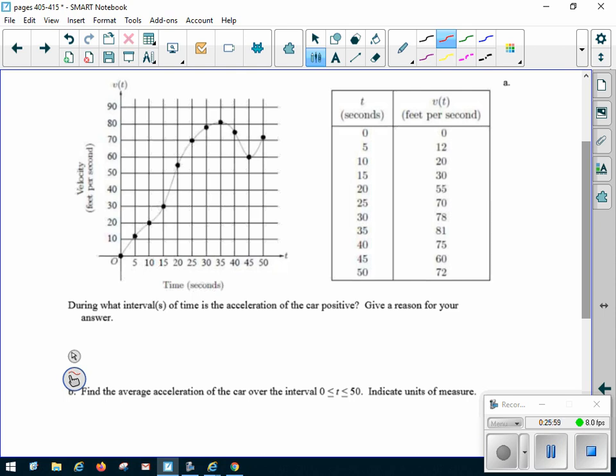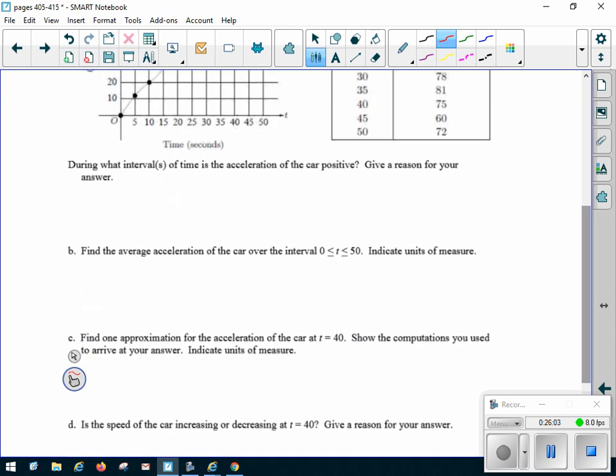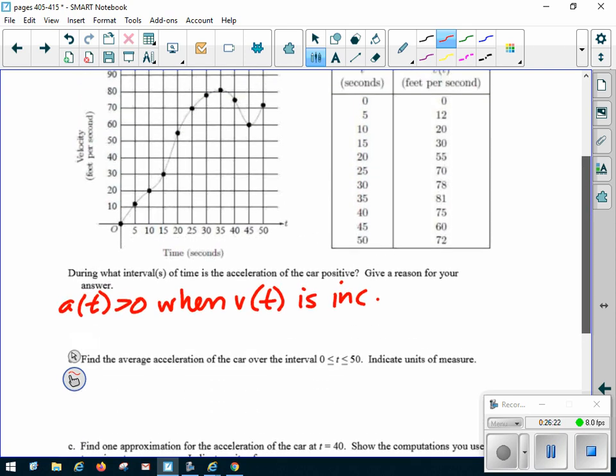Right? Okay. So what I am looking for is, acceleration is positive when velocity is increasing. You with me? When does that happen? This is a graph of your velocity. 0 to 35, is that it?